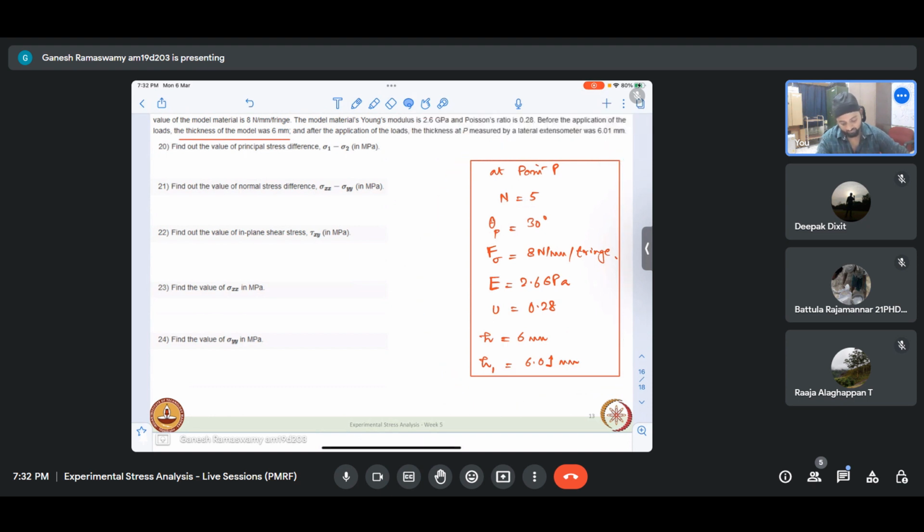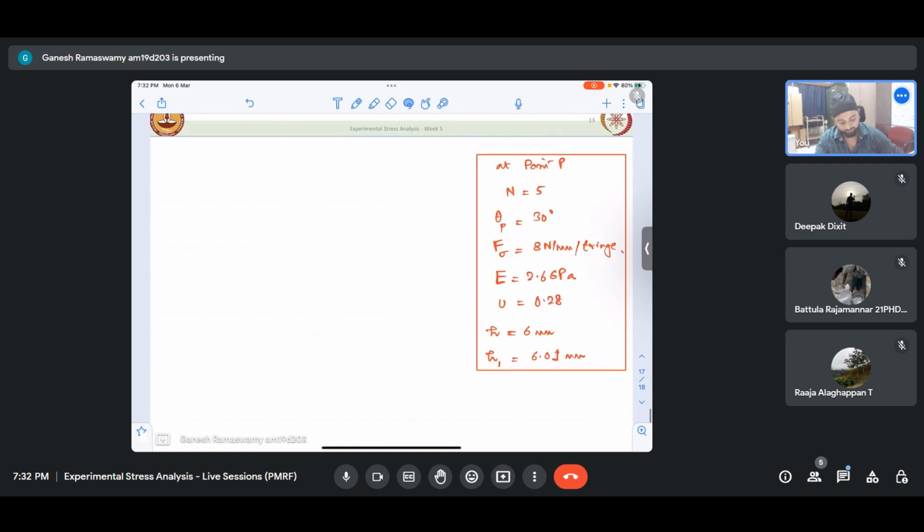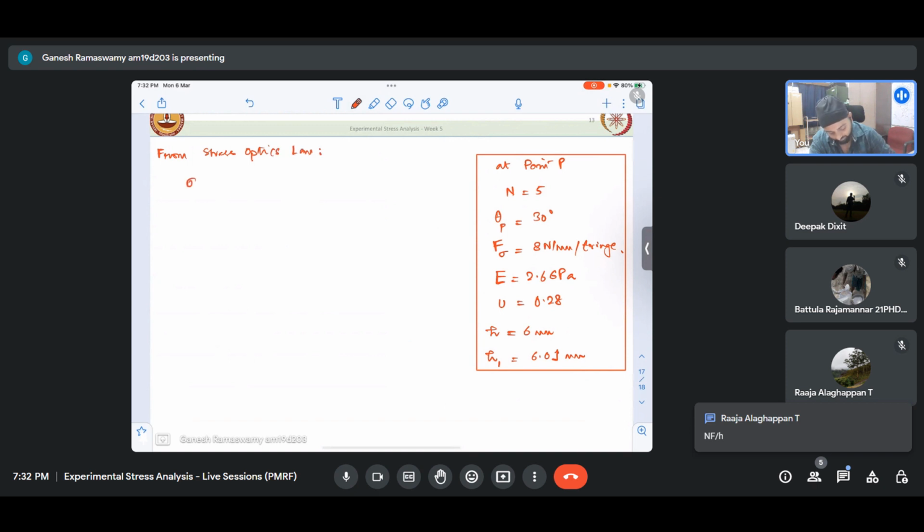So first we should find sigma 1 minus sigma 2. So how to go about that? Now we know that from stress optics law, sigma 1 minus sigma 2 is n F sigma by h. N is 5, F sigma is 8, and this is consistent. This is unitless. H is 6 mm.